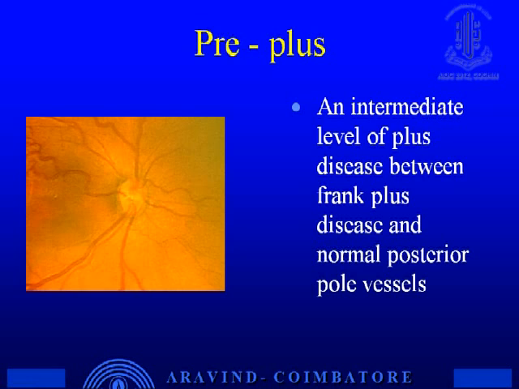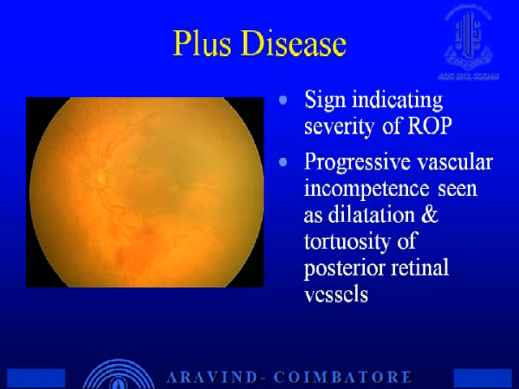Also, they introduced the term pre-plus, which is an intermediate level of plus disease between frank plus disease and normal posterior pole vessels. Plus disease is a sign indicating severity of ROP, and it's progressive vascular incompetence, which is seen as dilatation and tortuosity of the posterior retinal vessels, as you see here.